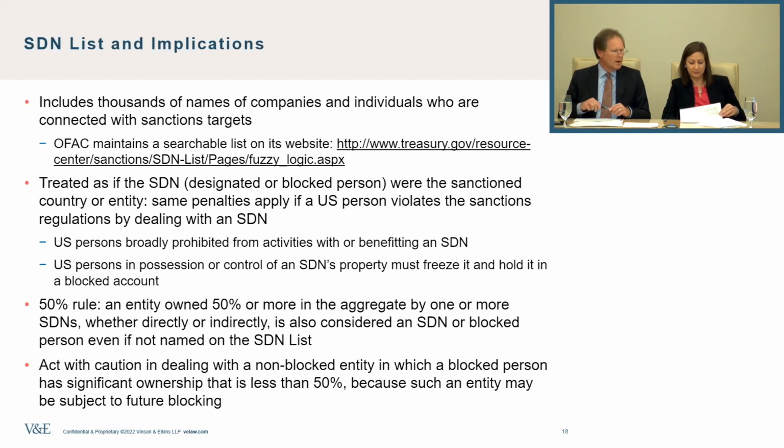And before we go to the next slide, just a couple of quick points, because I think this is a segue into one of the questions. When Elizabeth talked about the 50% rule, we'll see this a fair amount in a diligence situation where, if you're doing a deal and you need to know the owners of whoever the target is, if you're the buyer, it could get very difficult in Russia.